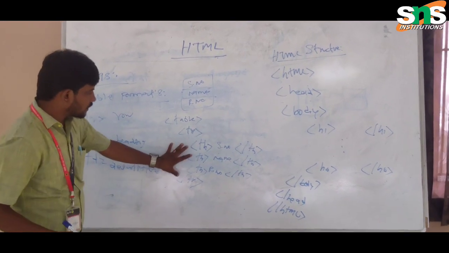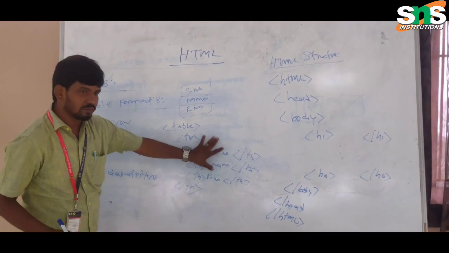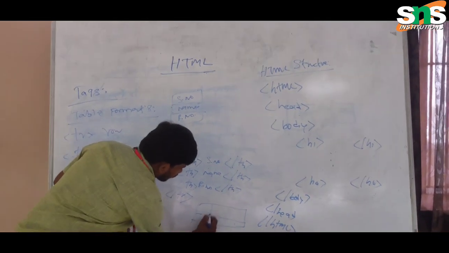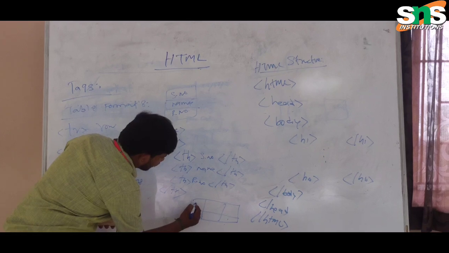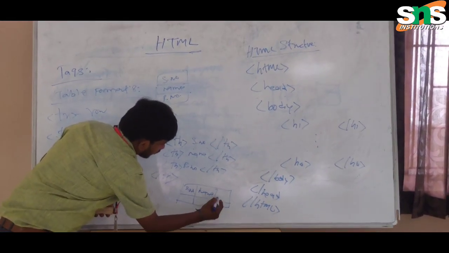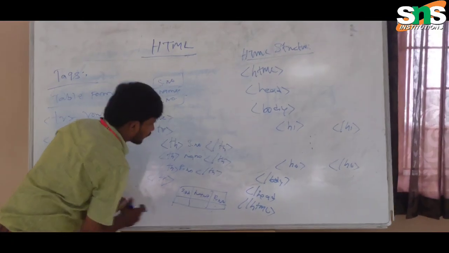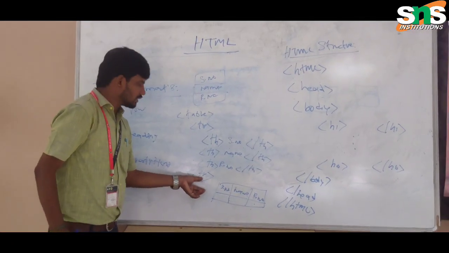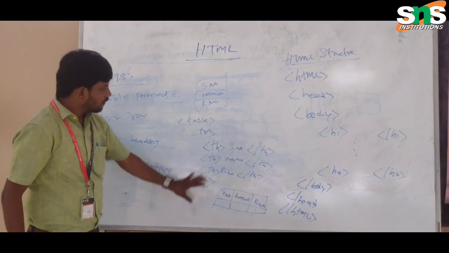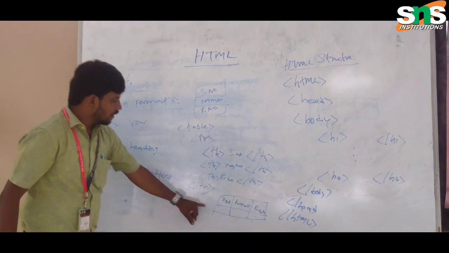What is the output of this HTML? This is the table. Serial number is printed here, name is printed here, and register number is printed here. This is how the table is implemented one by one in a column way. In the same way we give the description.